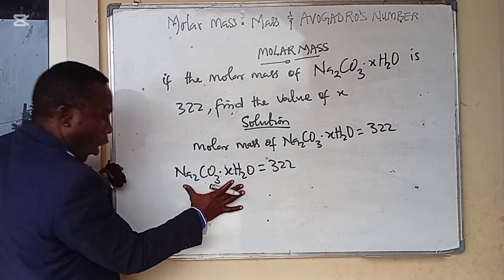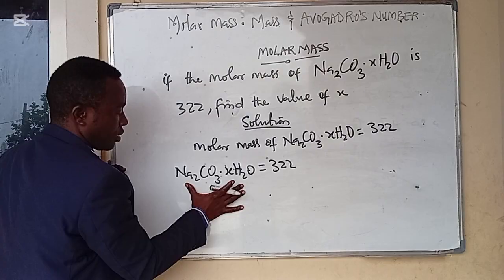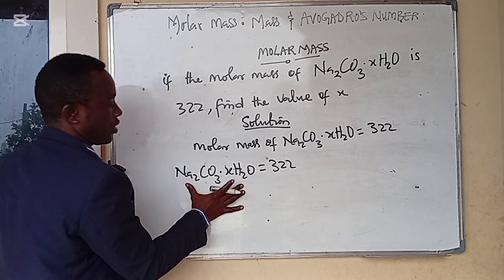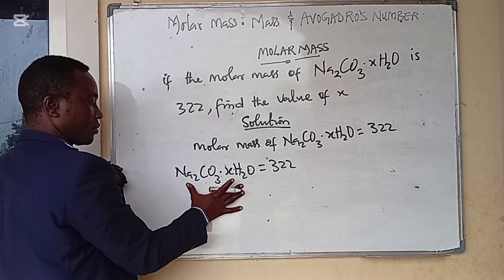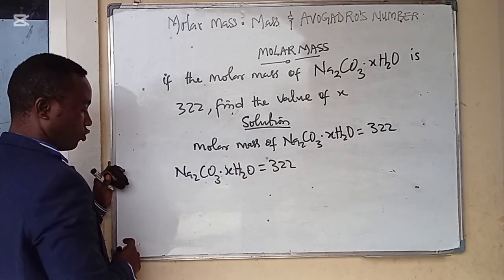Now, if we sum all the atoms we have here, that will give us the molar mass, which is equal to 322.